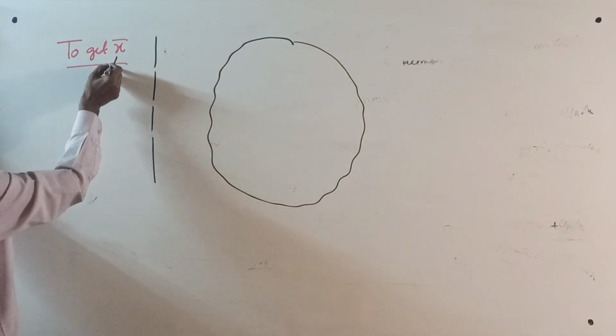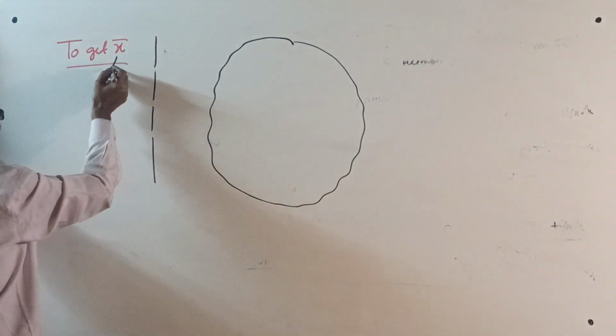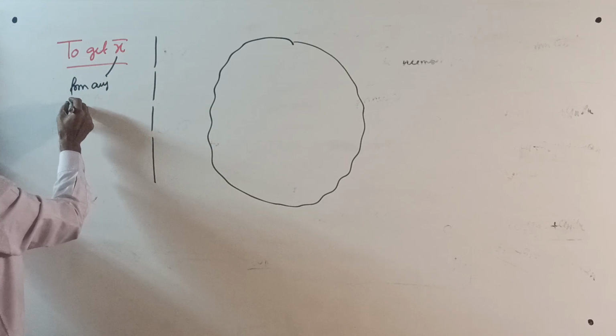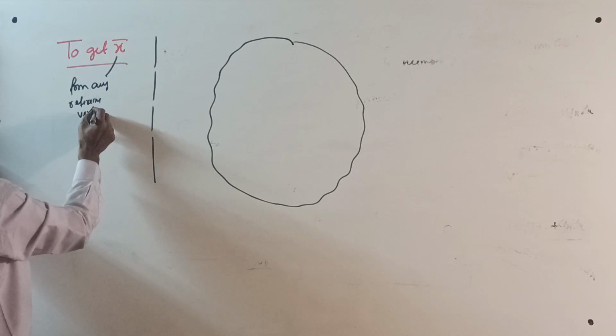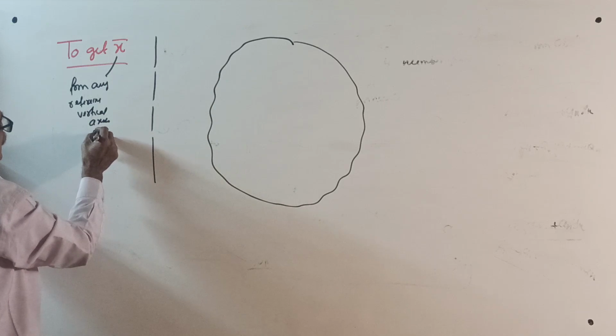That is the horizontal distance of the centroid, which I already told you, x bar from any reference vertical axis. Say AB.